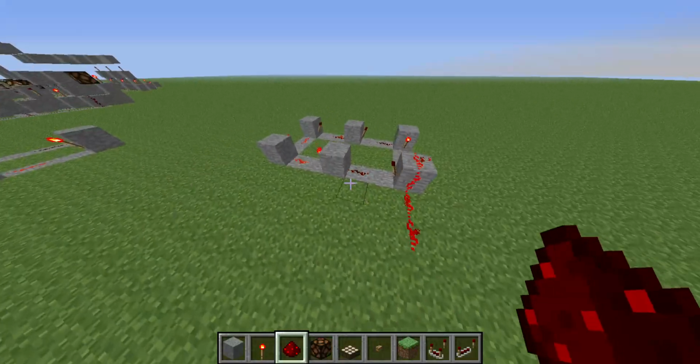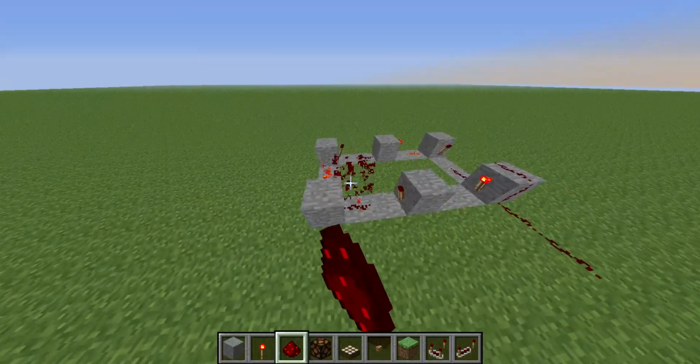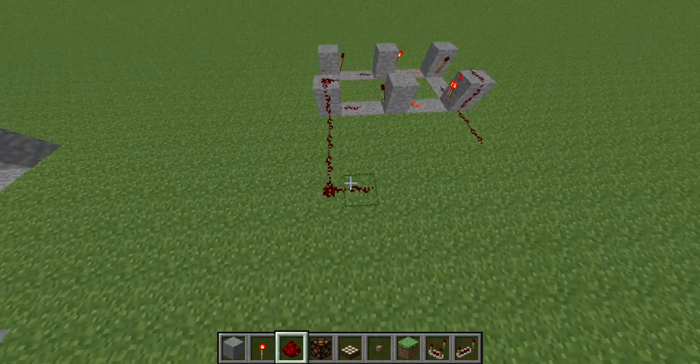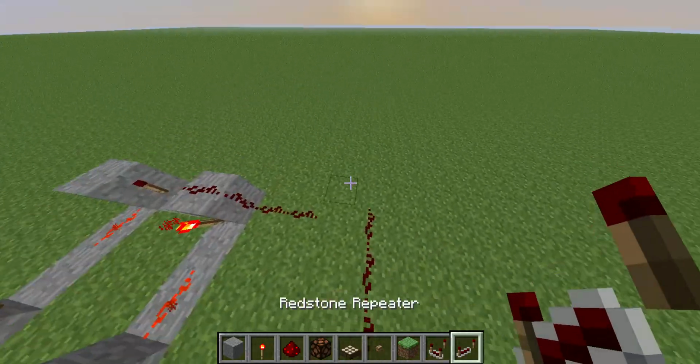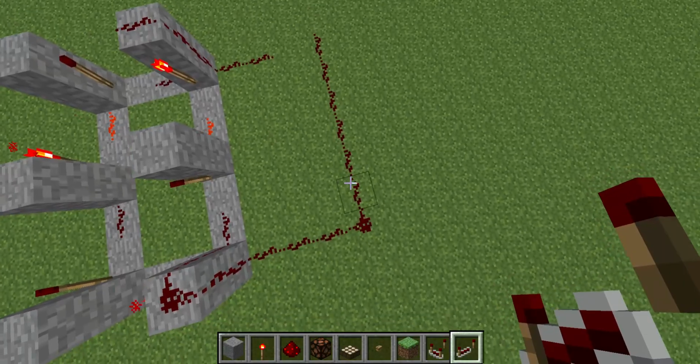This is two different, let's just say you have two different parts of the coil.